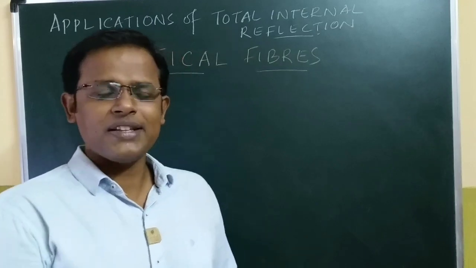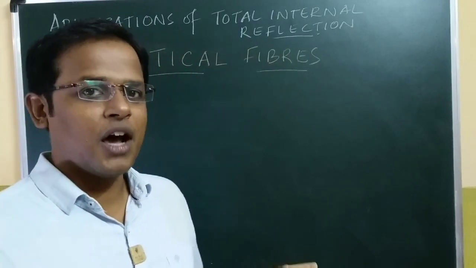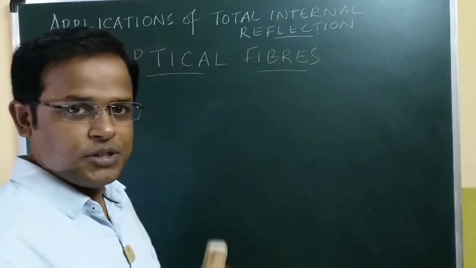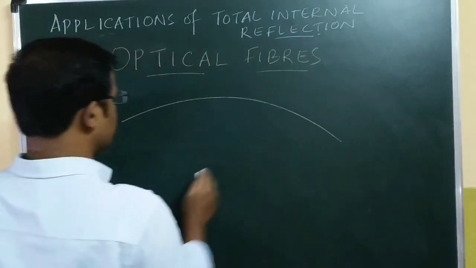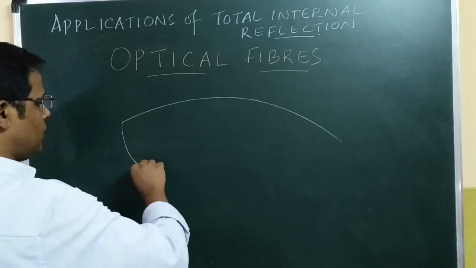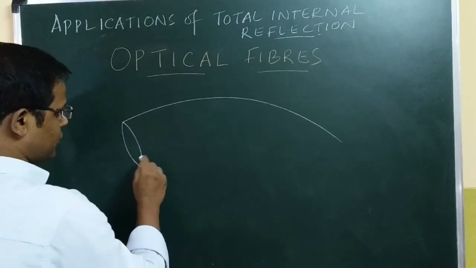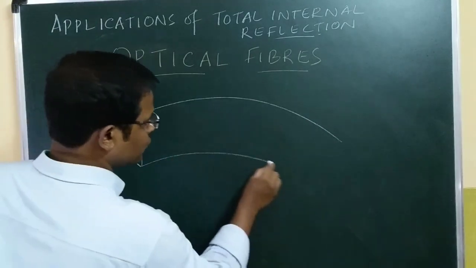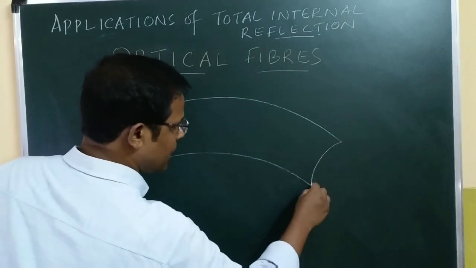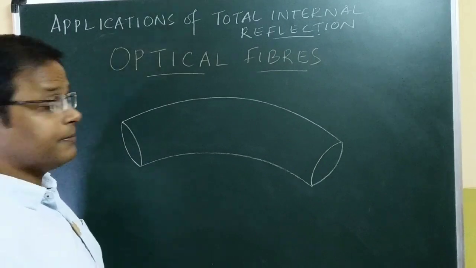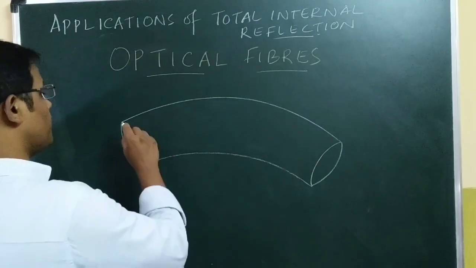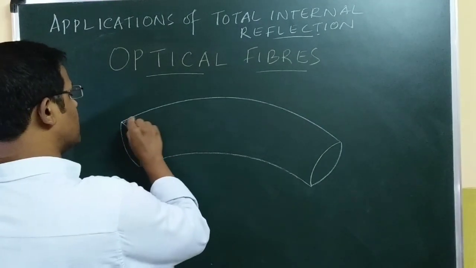So what exactly is an optical fiber and how does it work? Let me explain. Every optical fiber looks like a cylindrical tunnel, a cylindrical pipe, so it can also be called a light pipe or an optical pipe. Every optical fiber will have two parts for sure.